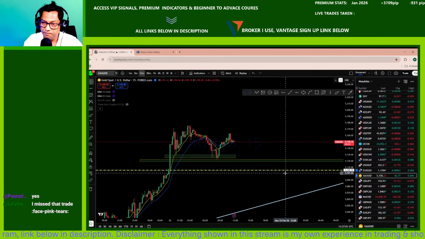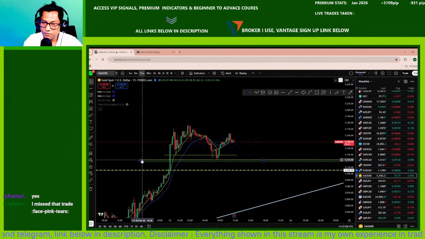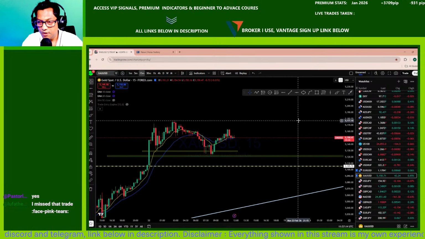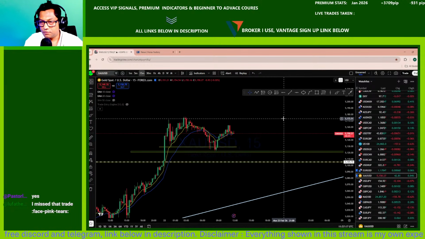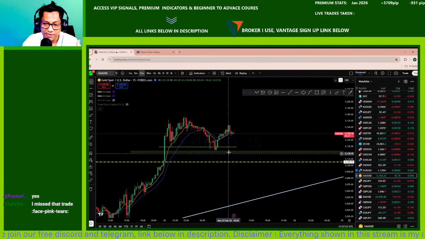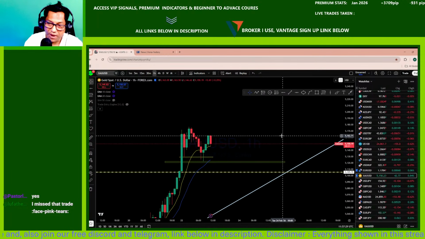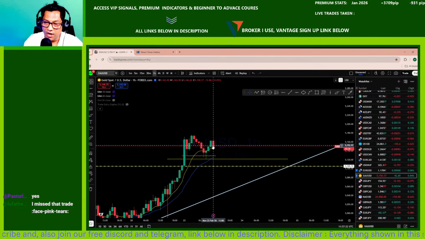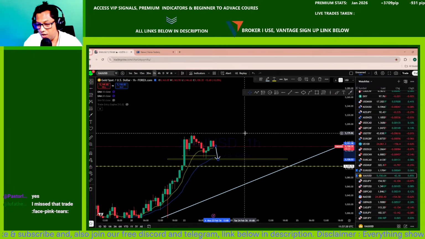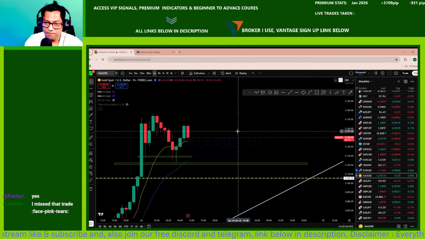So we are looking for price action to break this support, come down, and then eventually bounce back to the upside. Once we see that the market has penetrated back below, we are looking for an entry for another move in this market.